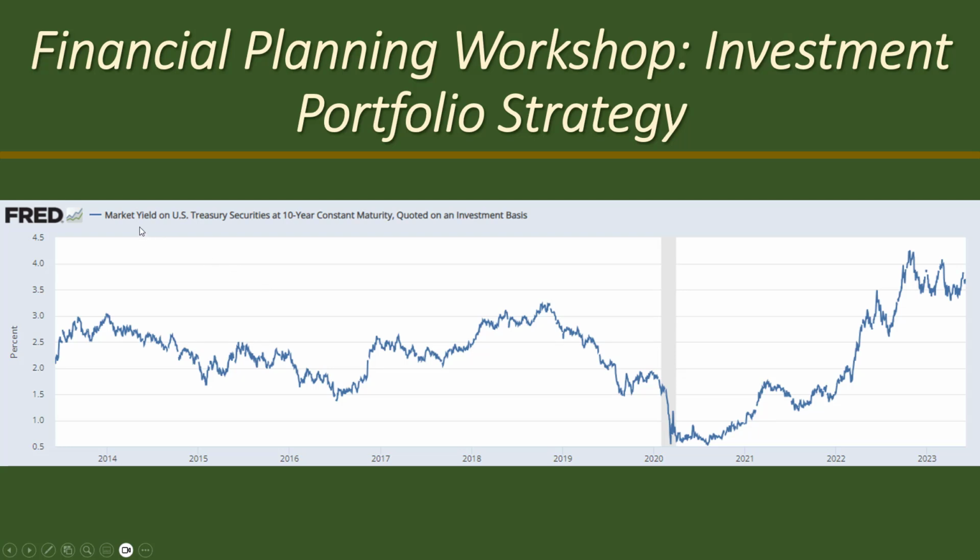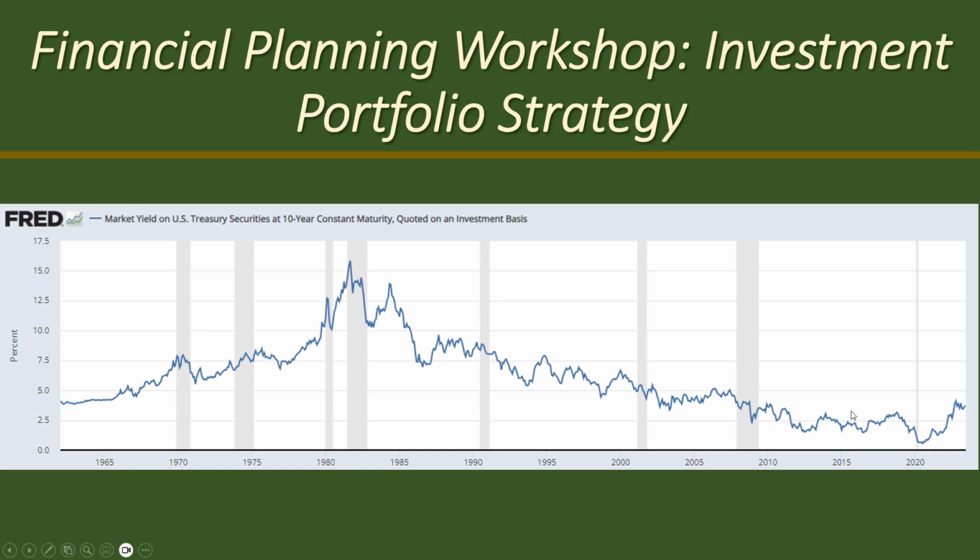Here you can look at interest rates on a shorter term basis. I only go back to 2014. You can see interest rates have risen quite dramatically. You don't see it as much in the previous chart because that's a much longer history. But even then, it does stand out that interest rates have risen sharply. Now, you notice in the 70s, they rose much more sharply.